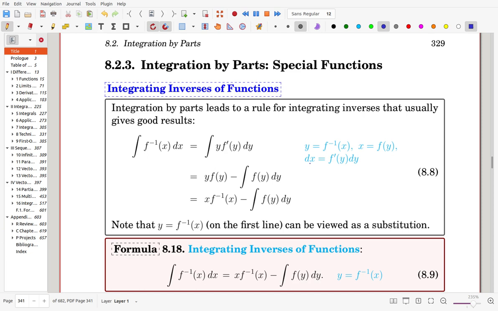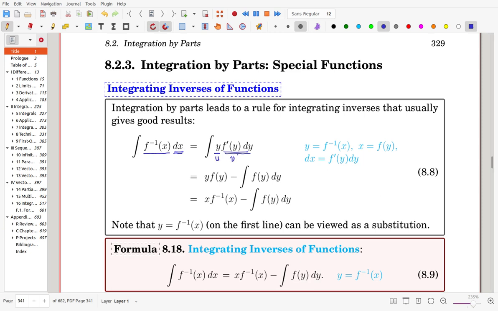So dx is the same as f prime of y dy. So f inverse of x is the same as y, and dx is the same as f prime of y dy. Then, using integration by parts, we may consider this portion as u, and the other as v prime.